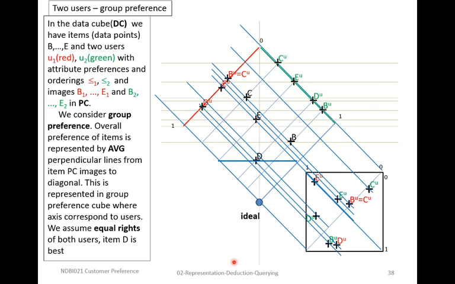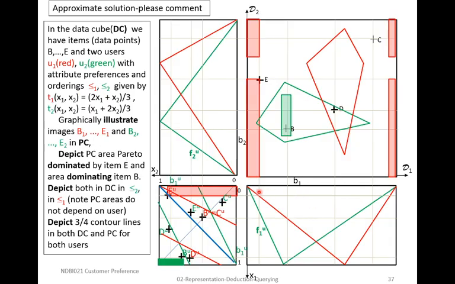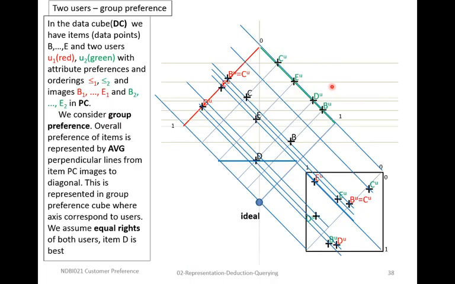What we showed here is that we always considered the situation that there are two users, a green user and a red user, and which items are preferred by the green one and by the red one. But now we used the same depiction for a group preference. We can now assume that we have two users, but we would like to find out a group preference.